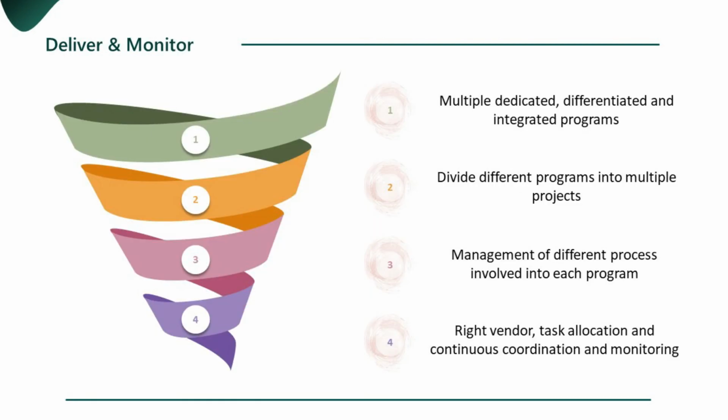To walk towards the defined goal of marketing, one needs to draw the journey into multiple dedicated, differentiated, and integrated programs. Each program carries a specific part of the larger goal and altogether forms the goal for the year.